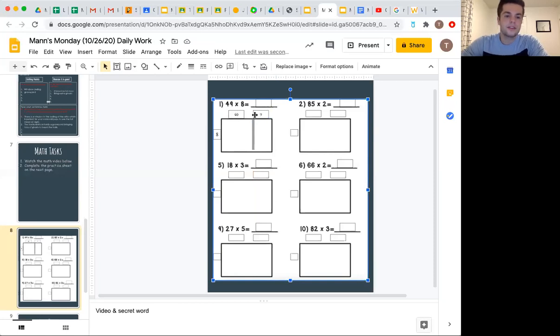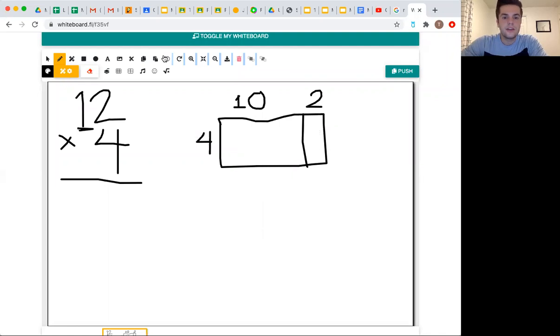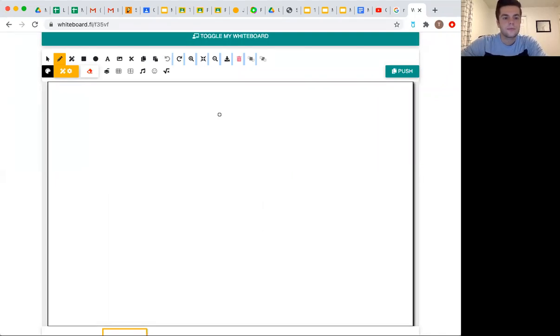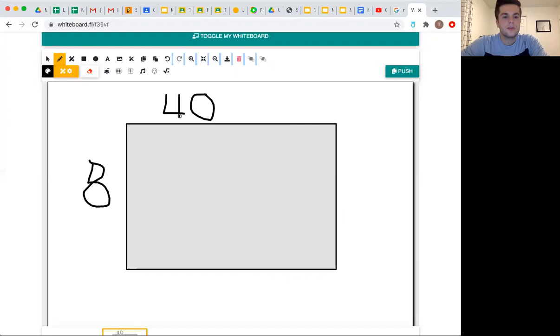And from a previous slide, we know, you guys did this at home, let's draw a rectangle, so we've got 8 here and 40 here. So all we have to do, we don't have to times 8 by 40, all we have to do is times 8 by 4, okay?